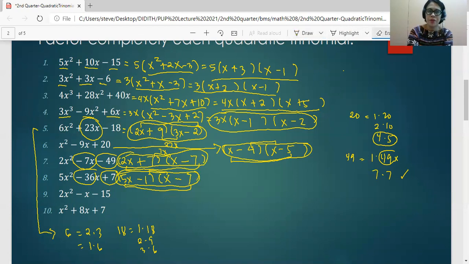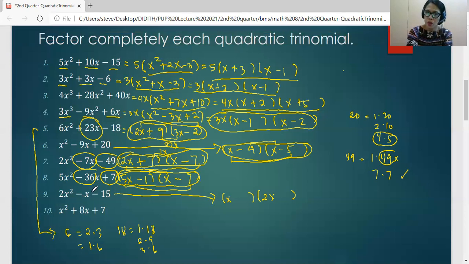Okay, so number 9, let us write the solution for number 9 here. So the factors of 2x squared are x and 2x. And then for negative 15, since the middle term here is negative x, so negative 1, this is just a small number.